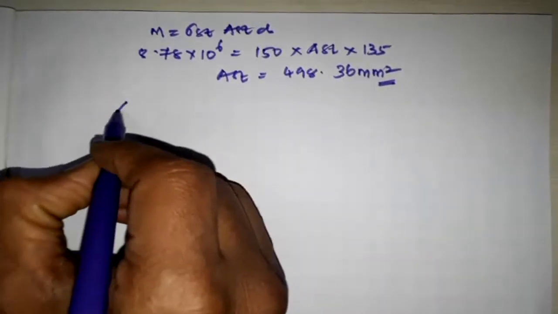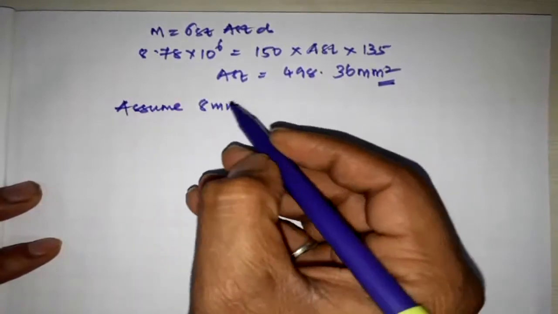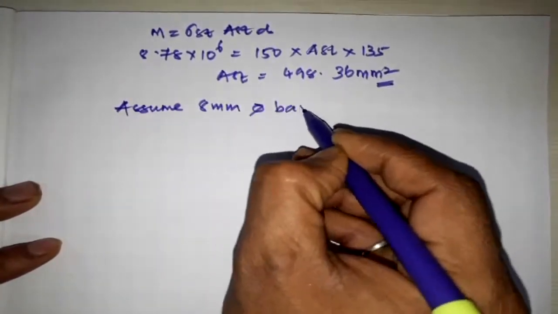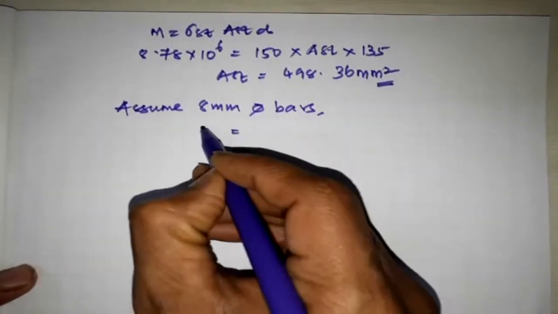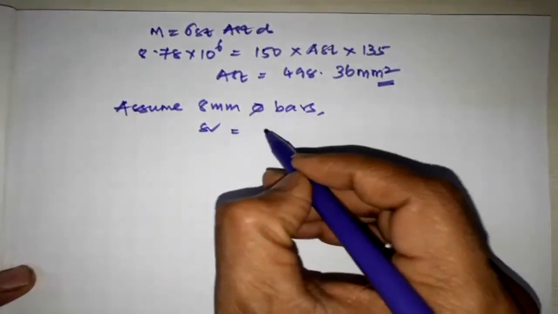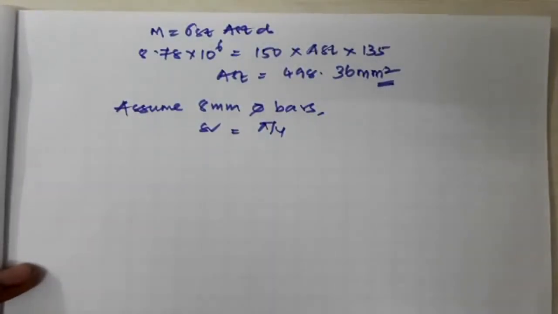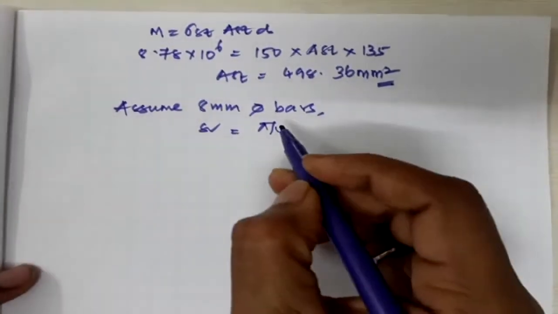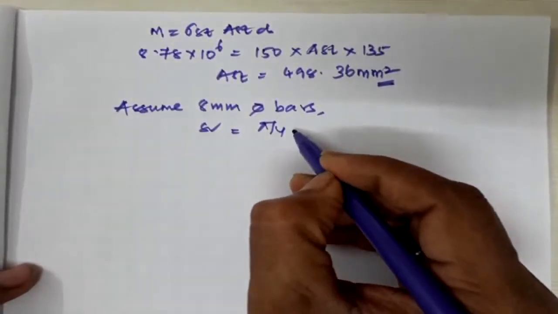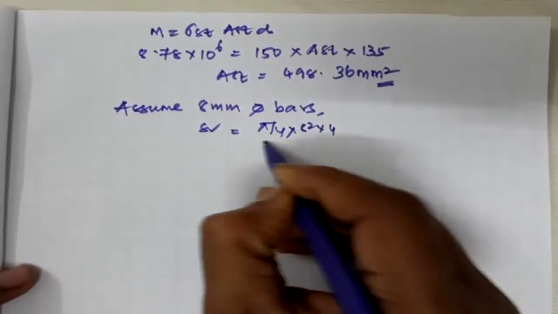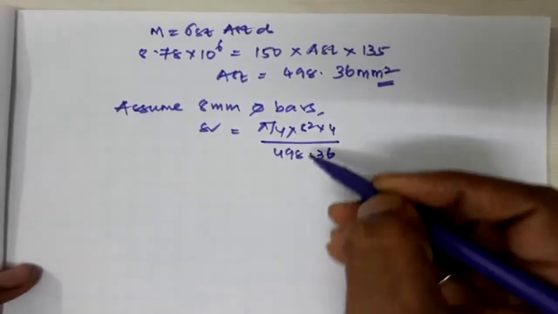So again assume 8 mm dia bars. So the spacing SV will be pi by 4 into 8 square into 1000 divided by 498.36.